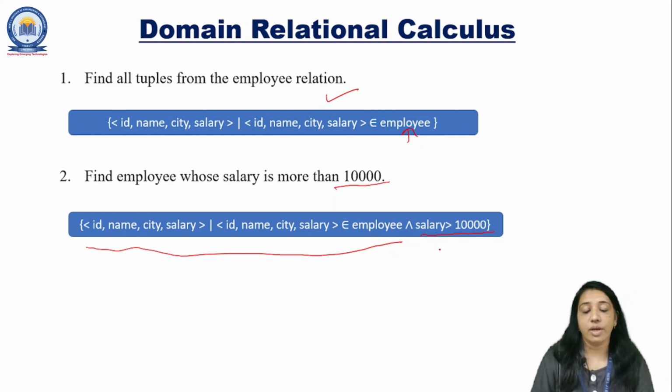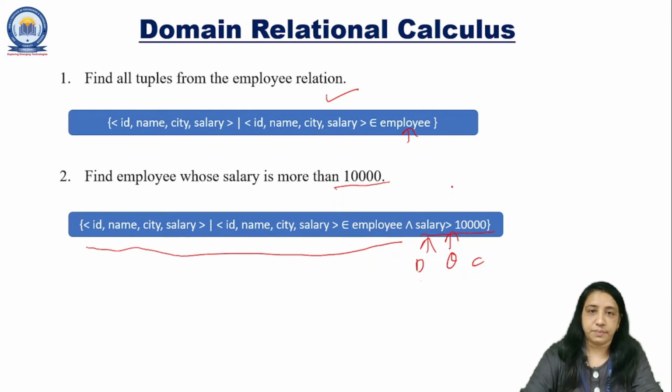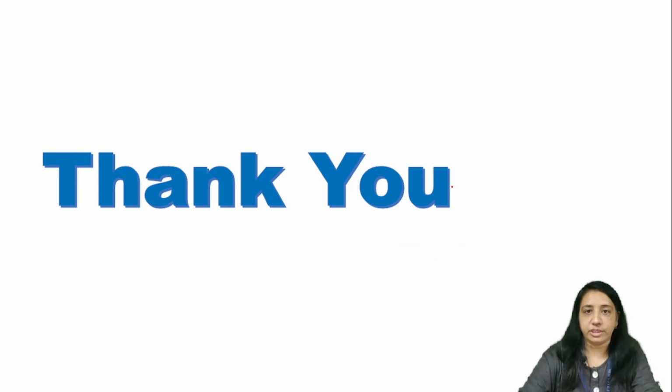Here we can consider greater than as theta, salary is the domain variable, and 10,000 is a constant. So you just need to define it in terms of this. In this way we can specify any query in terms of the domain relational calculus. Thank you for watching this video.